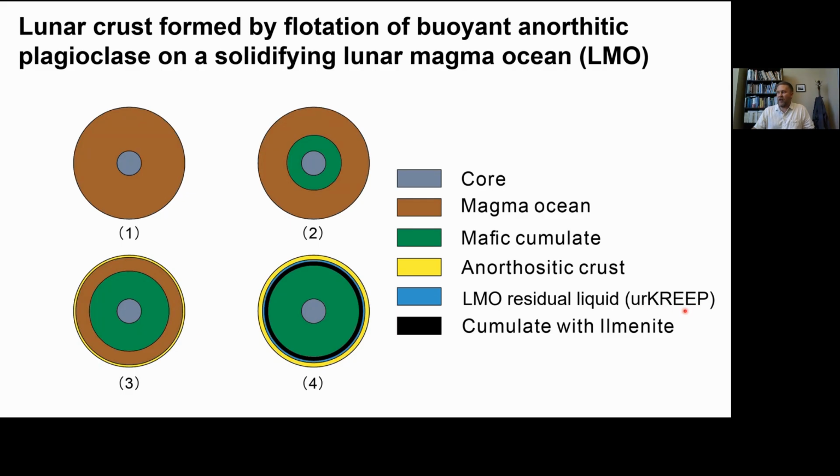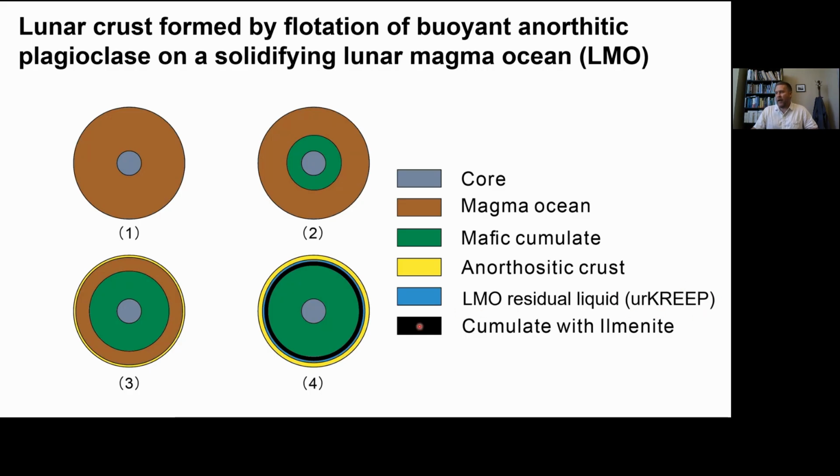It just refers to a characteristic trace element pattern exhibited by many lunar samples that's thought to have originated in this end stage of magma ocean solidification, where there was this concentration of these incompatible elements in the residual liquid. So we're going to come back to thinking about the importance of KREEP for the lunar crust later.